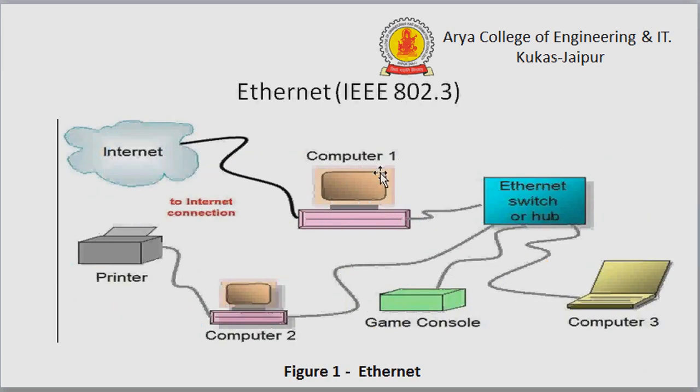There is a diagram where we use Ethernet. Here the Ethernet cable is connected to computers, game consoles, internet, printers, etc. There is also an Ethernet switch or hub shown in this figure.